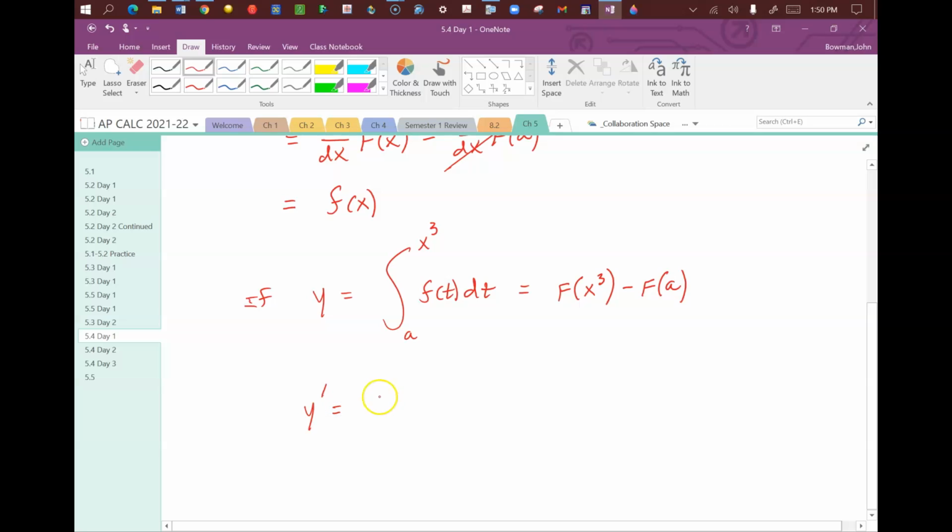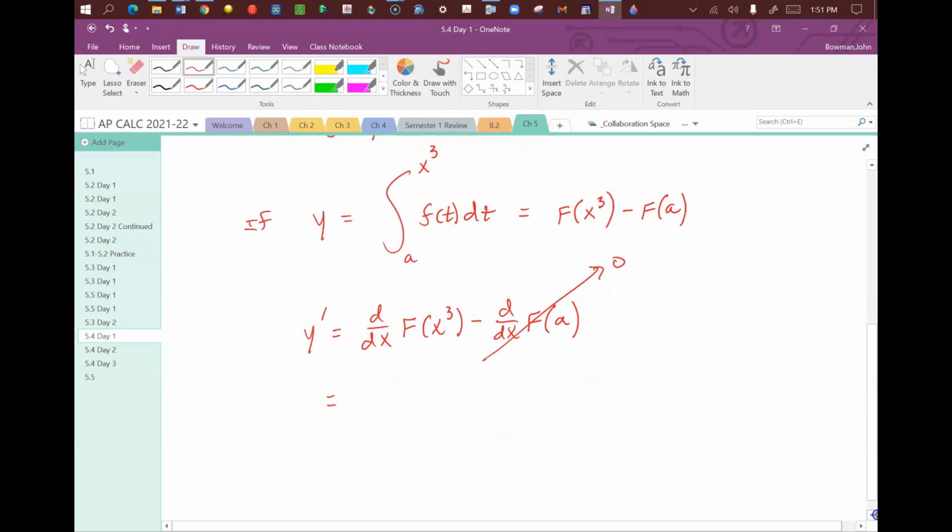Well, y prime would be the derivative of big F at x cubed minus the derivative of big F at a. We already know that this will be 0, but what you may have forgotten is that the chain rule still applies.